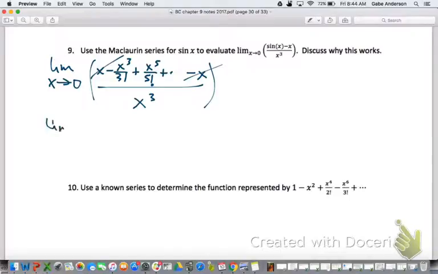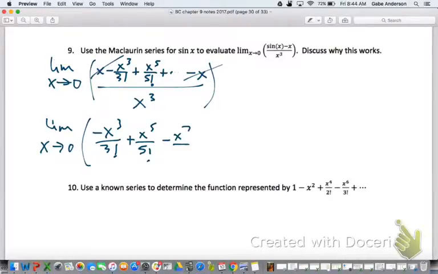So we'd say limit as x goes to 0, and it's going to be negative x cubed over 3 factorial plus x to the 5th over 5 factorial. I'll put one more term on there just to make it look a little more official. All over x cubed. But wouldn't that x cubed then be able to be canceled out of all the terms in the top and the bottom?